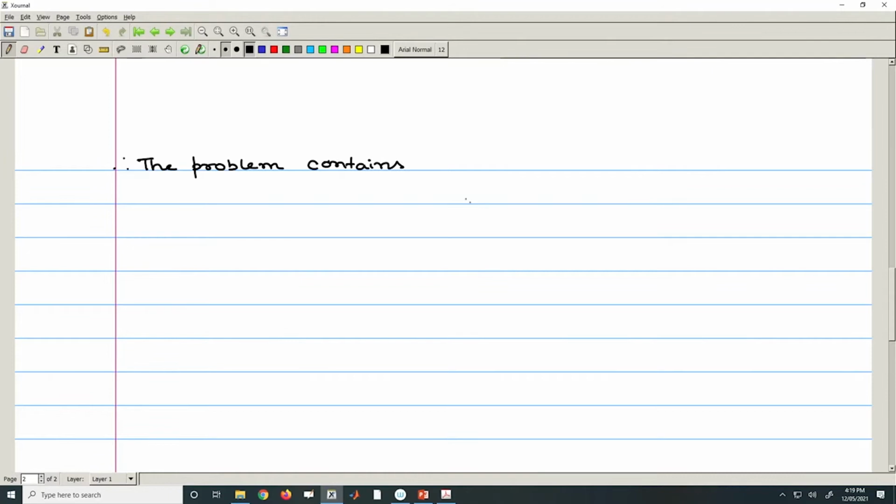Therefore, the problem contains two homogeneous regions, that is, when x is ranging from 0 to d, and the other when x is ranging from d to a.